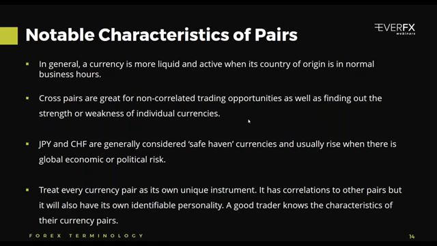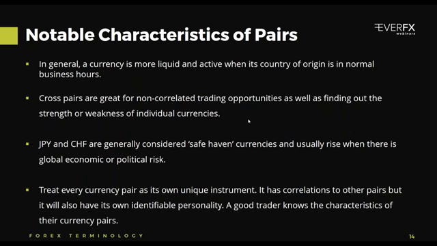A minor currency pair can be any combination of the majors other than the dollar. Since they don't have much correlation, they also help in finding out the strengths or weaknesses of individual currencies, and that's a good one. Now, the Japanese yen and the Swiss franc are generally considered safe haven currencies.